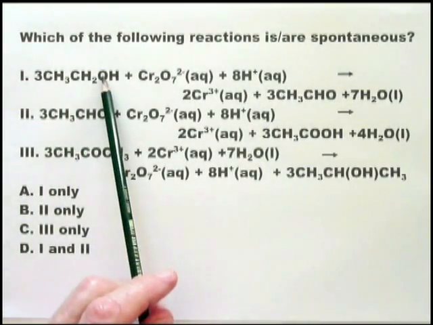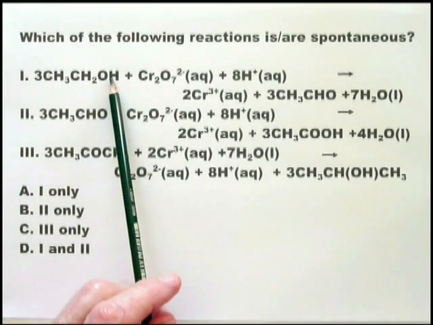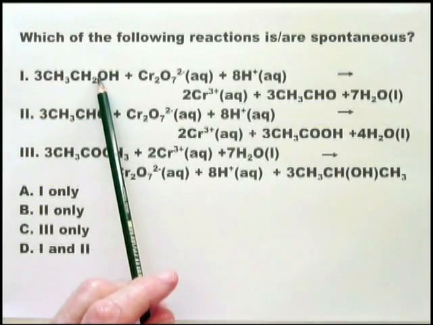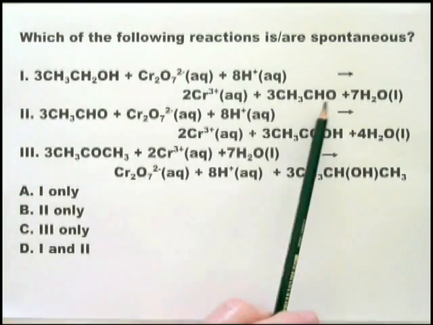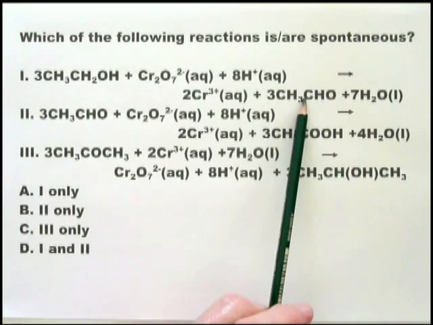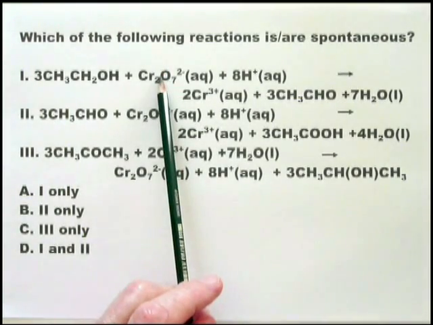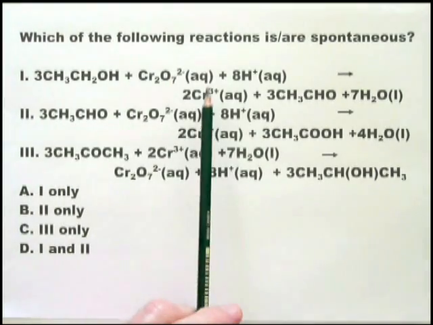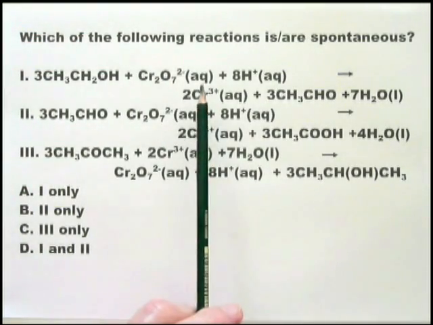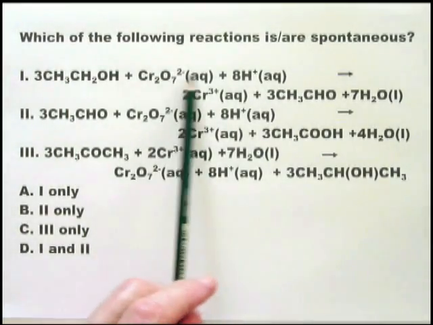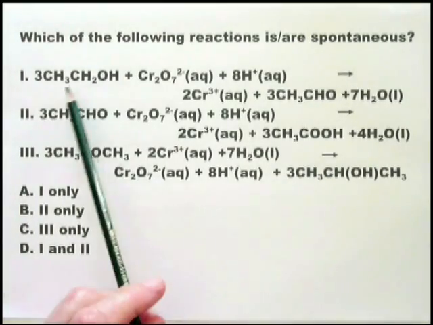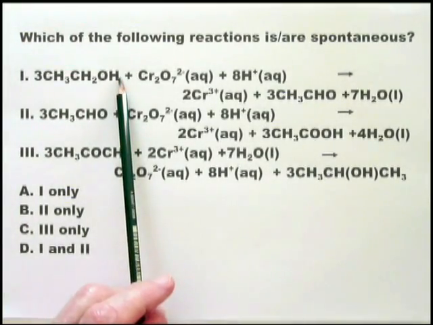The result is, as you should know, that the alcohol is oxidized by dichromate to the aldehyde, that's ethanal. And the dichromate part is reduced to Cr3+. So that one does go to completion, and therefore that one is spontaneous.